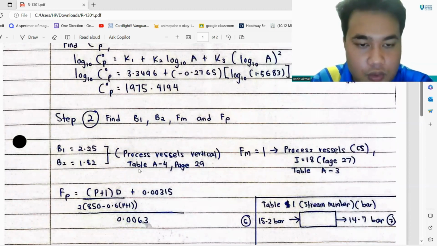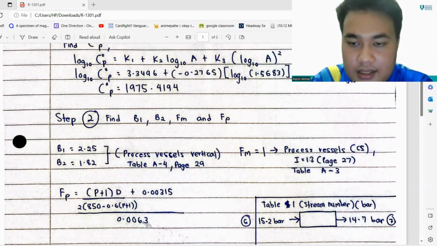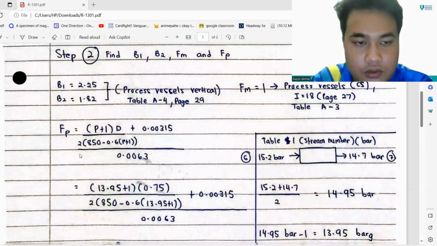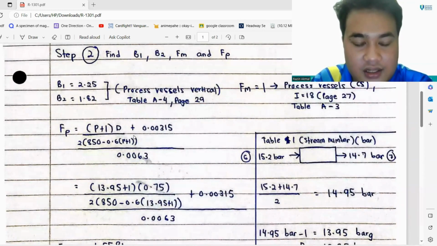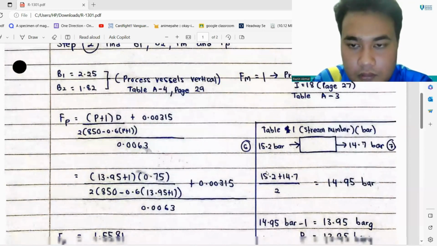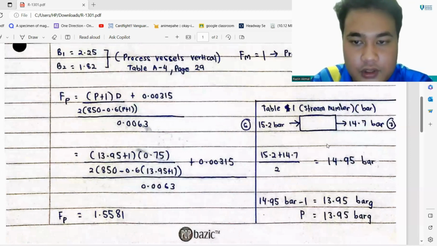Then step 2, we need to find B1, B2, FM, and FP. B1 and B2 can be found in Table A4, page 29 in the handbook, under process vessels, vertical. FM equals 1, for process vessel, CS, identification number 18, page 27 in Table A3. Then using the formula for FP vessel, for P, for the reactor between stream numbers 6 and 7, we add them and divide by 2.